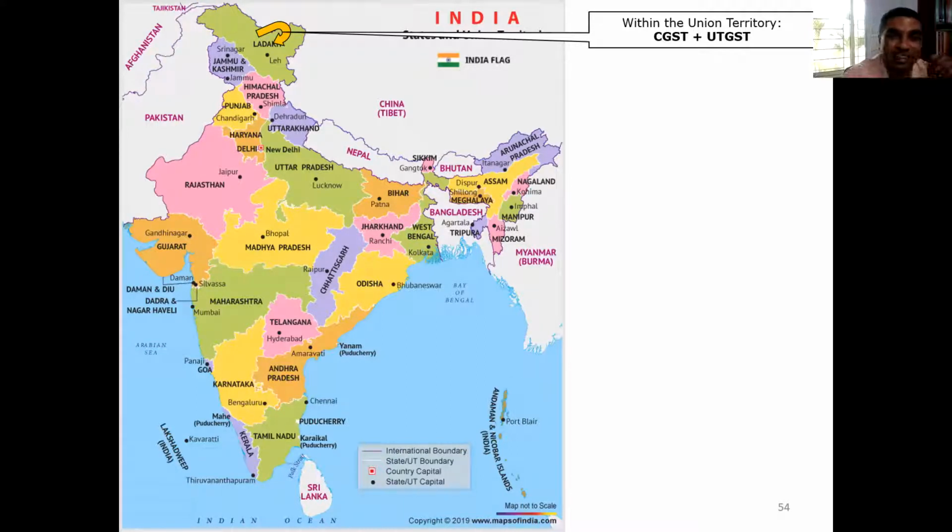Is it clear? Now, second, let us say goods are coming from China to Ladakh. What will be levied? Look at the arrow, it is from China to Ladakh.